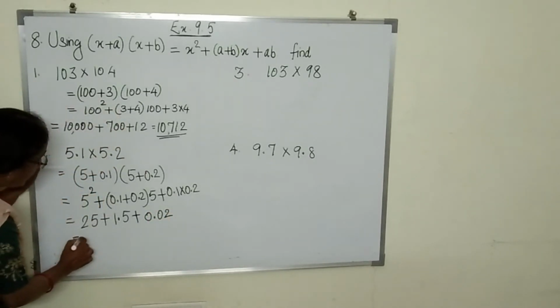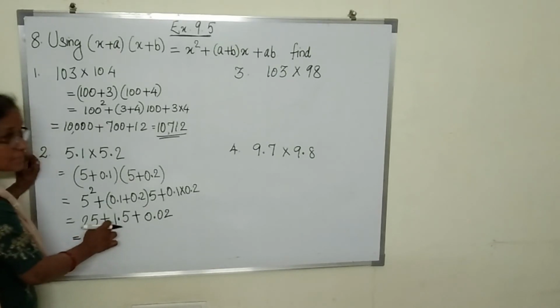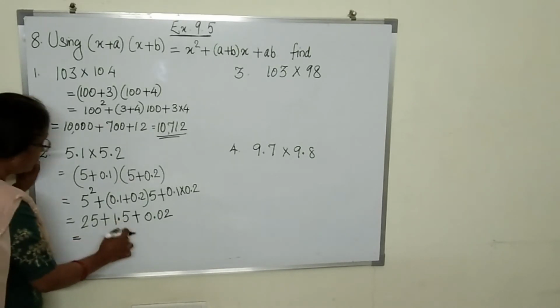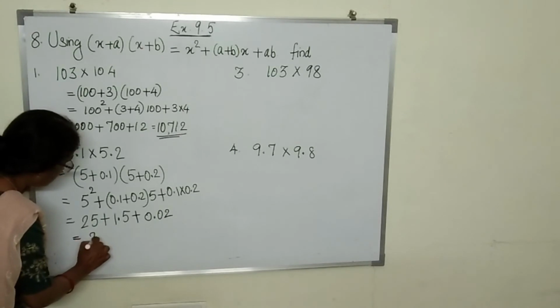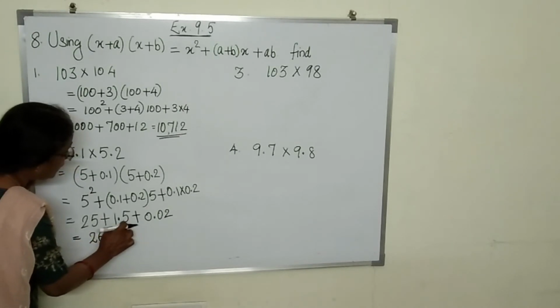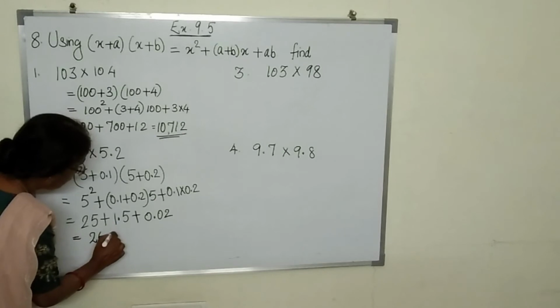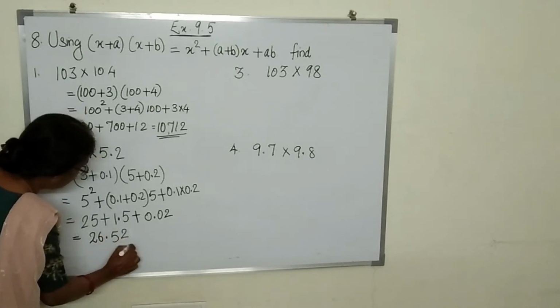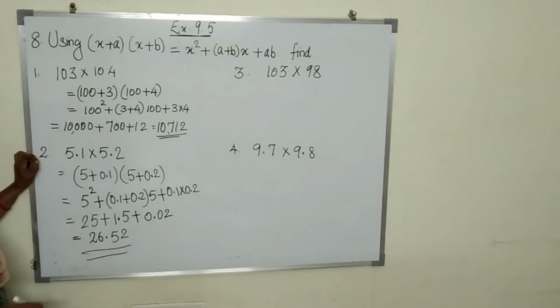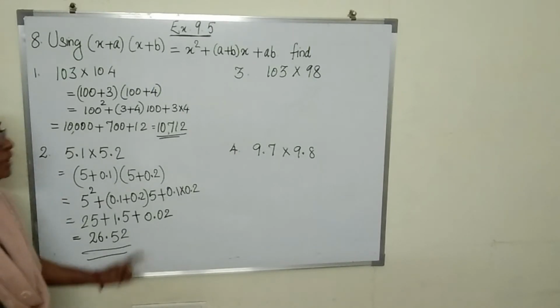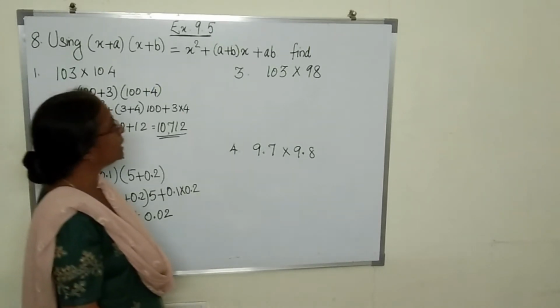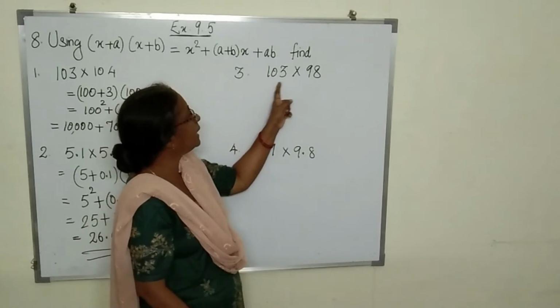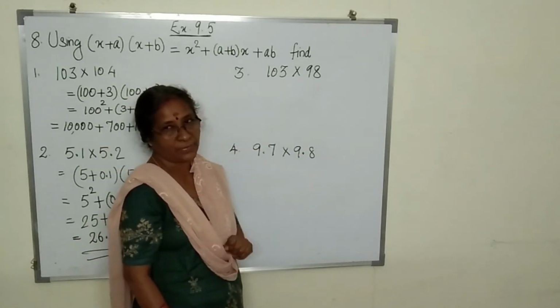So when you add 25 plus 1.5 plus 0.02, we get 26.52. Okay. The next question is 103 multiplied by 98.